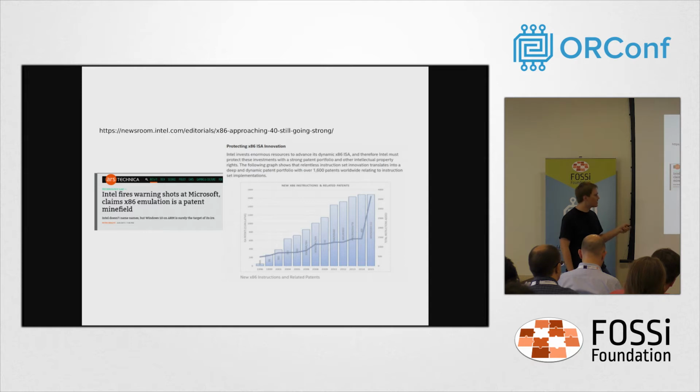So this is why you can't just go and implement whatever instruction set architecture you want. We need some sort of standard which doesn't have this issue of patents which restrict you from going ahead and implementing it.